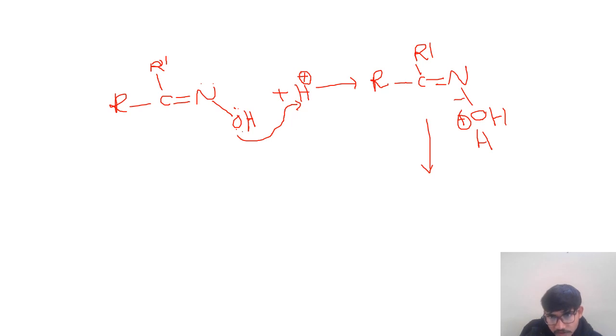This oxygen will take the electrons of the N-O bond, the nitrogen and oxygen bond, and it will be removed as H2O. Simultaneously this R group is going to transfer onto this nitrogen, so it will create a compound like this. It will create a carbocation.